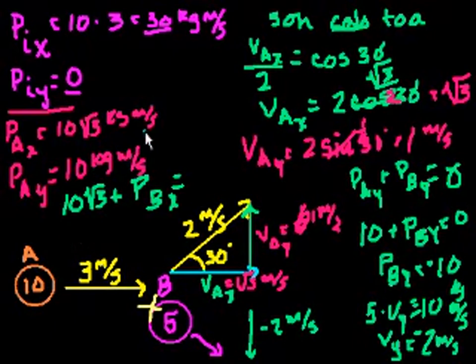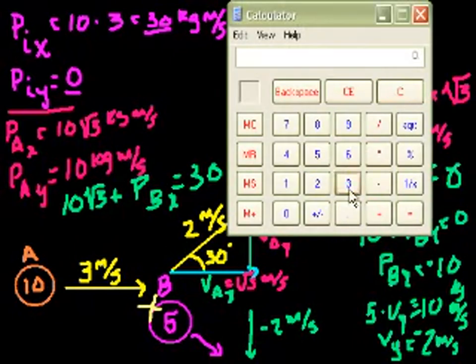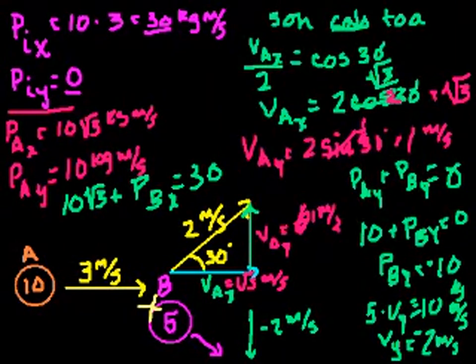It has to equal the initial momentum in the x direction, which is 30. So to figure out the momentum of B in the x direction, we just subtract 10 square roots of 3 from 30, and let's do that. So 3 square root times 10, and then subtract that from 30, and we get let's just say 12.7.